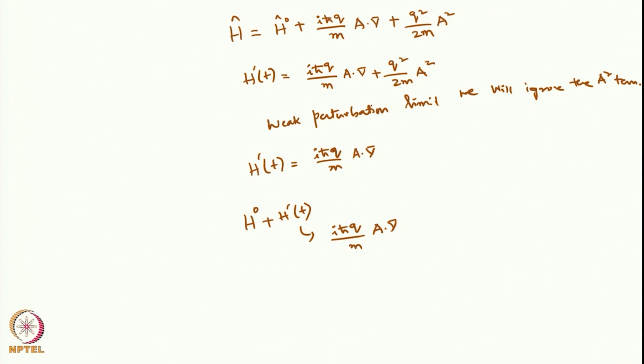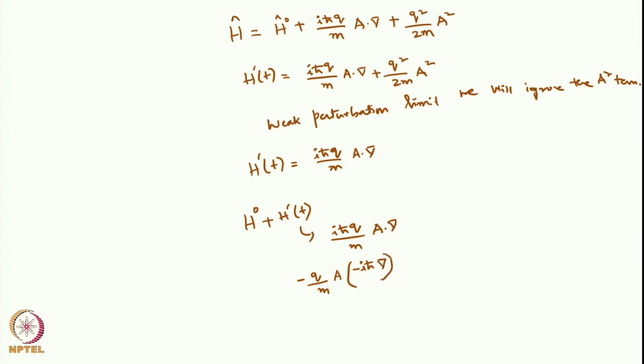Okay. Now I can slightly modify this. Now, we know the perturbation Hamiltonian. So this is nothing but A q by m times minus ih bar del.